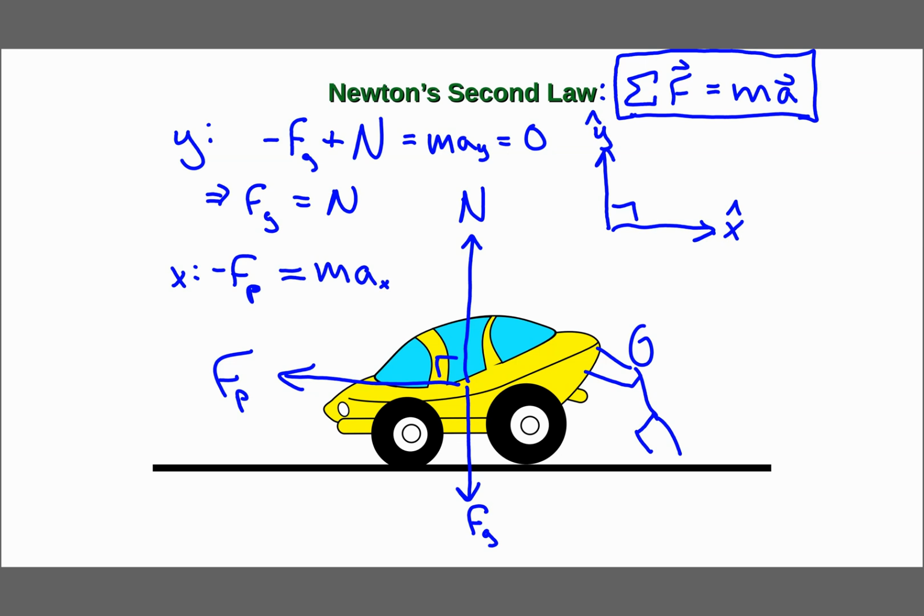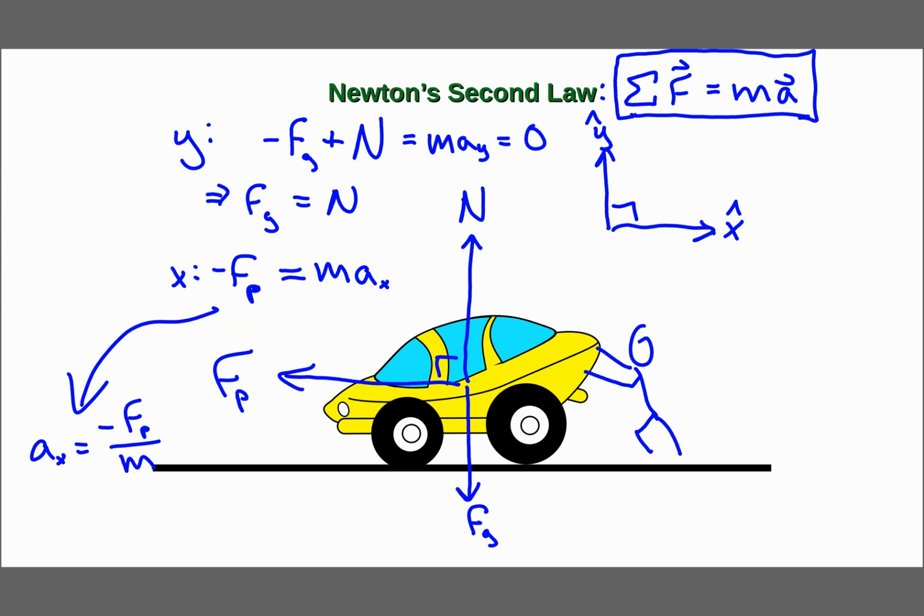So now we see that if we knew the force of the push, our acceleration in the x direction would be minus Fp over m. And we have, again, independent motion in the x direction. The x direction only cares about the sum of the forces in the x direction.